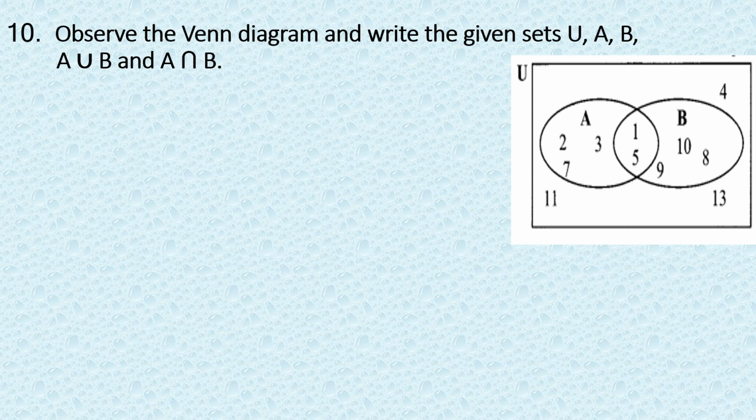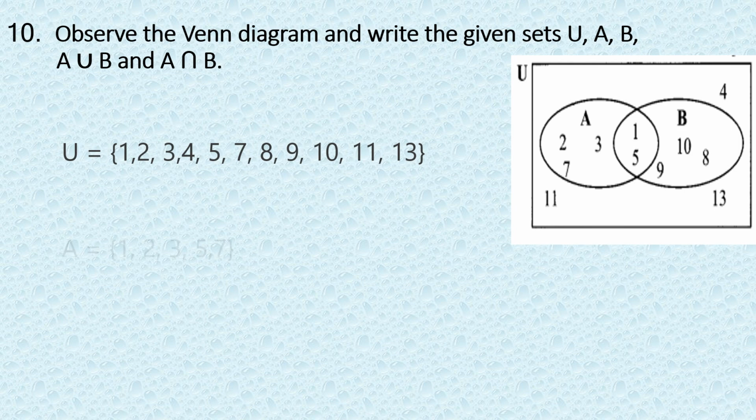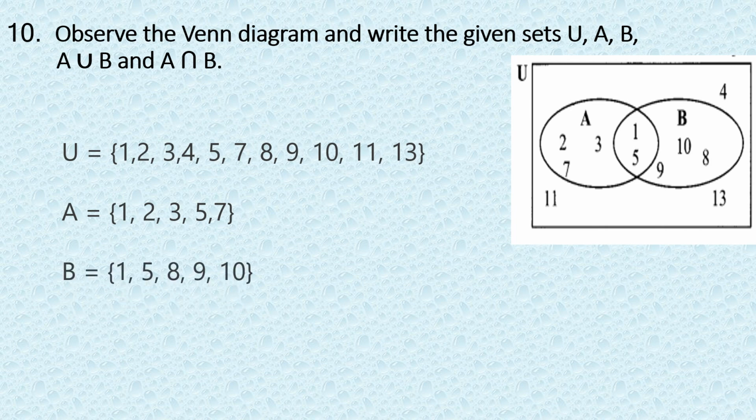The universal set means all the numbers in the set U. If you are observing, 1, 2, 3, 4, 5, 6, 7, 8, 9, 10, 11 and 13, all the numbers are covered in set U. Next is set A. In set A, the numbers 1, 2, 3, 7 and 5 are there. So write down all the numbers in set A. Next set B: 1, 5, 8, 9, 10.